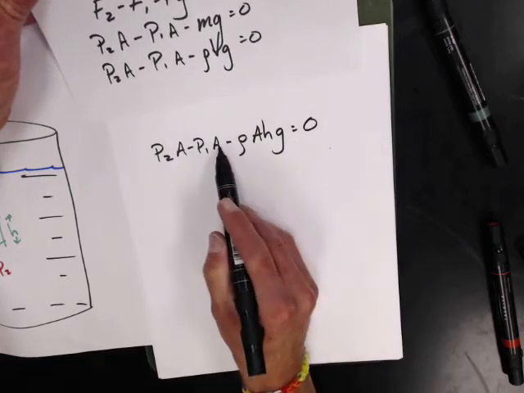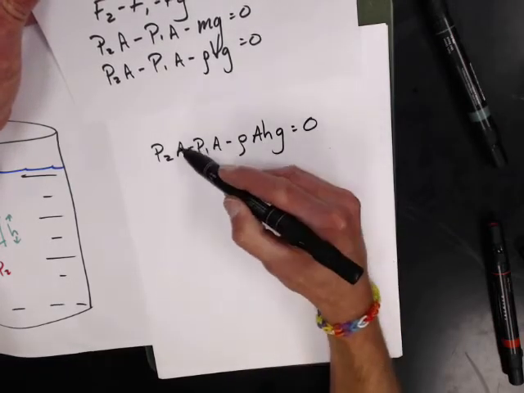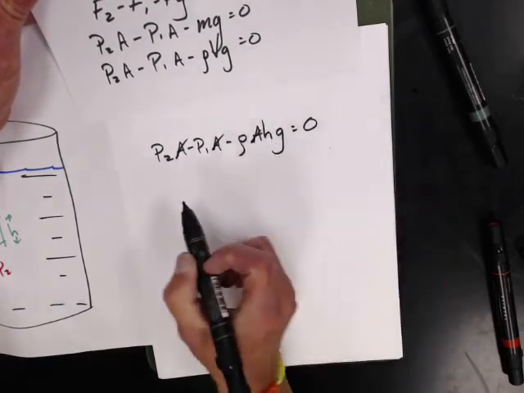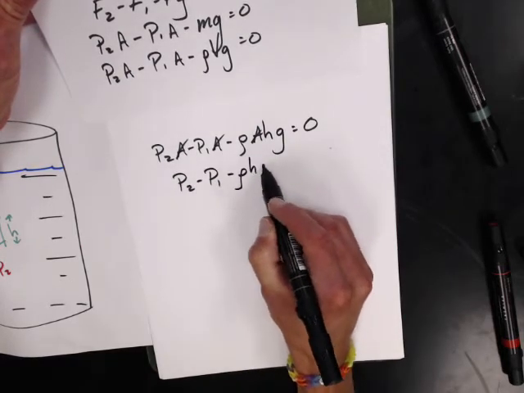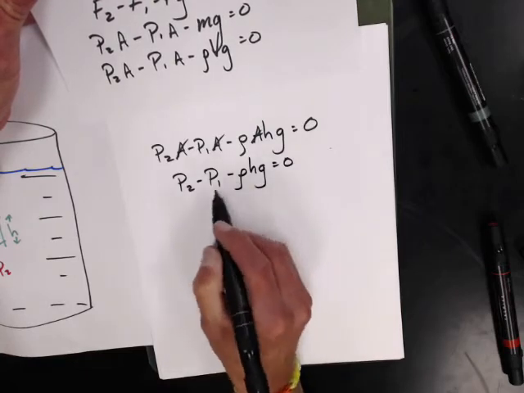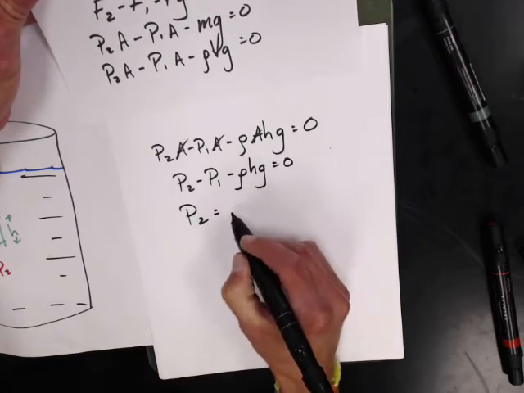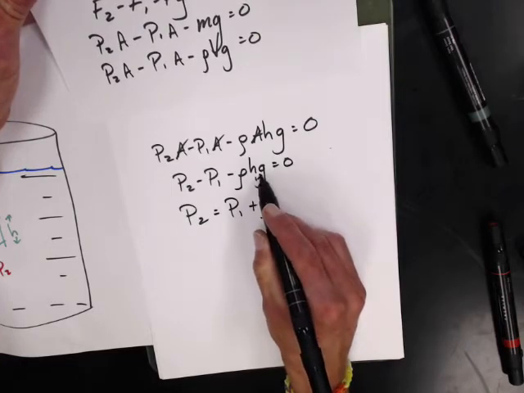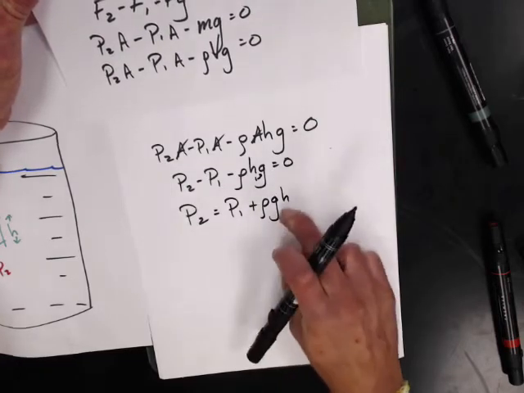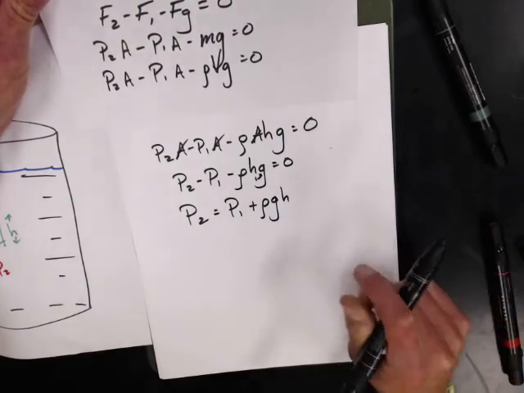Oh look, the A's cancel out, so I end up with P2 minus P1 minus rho Hg equals 0. Move some things around: P2 equals P1 plus rho gH, because this is the form that it's in on your equation sheet.